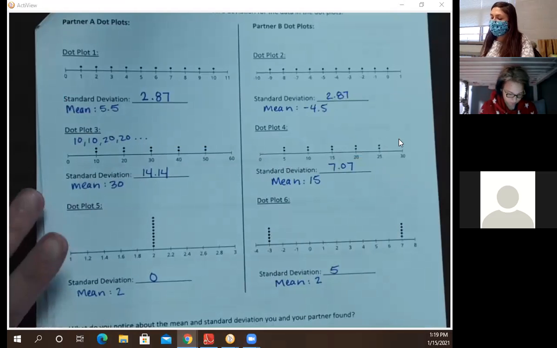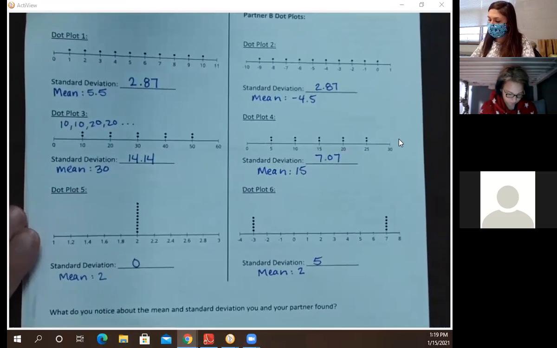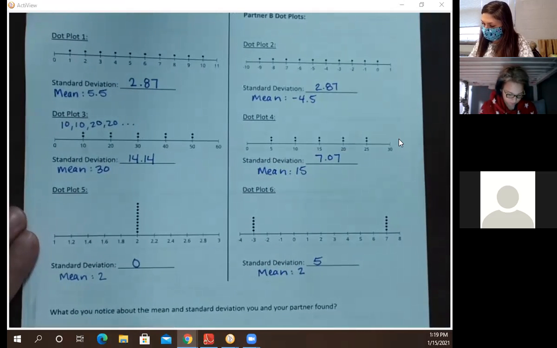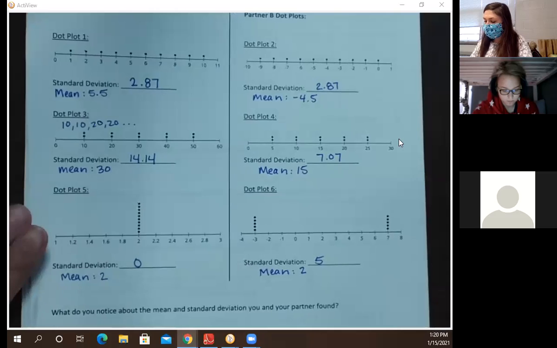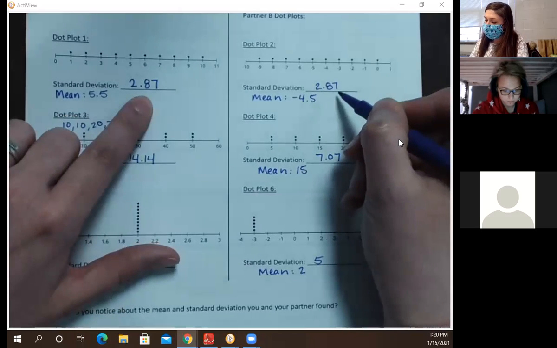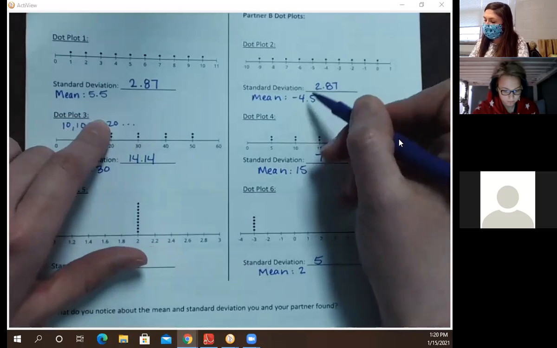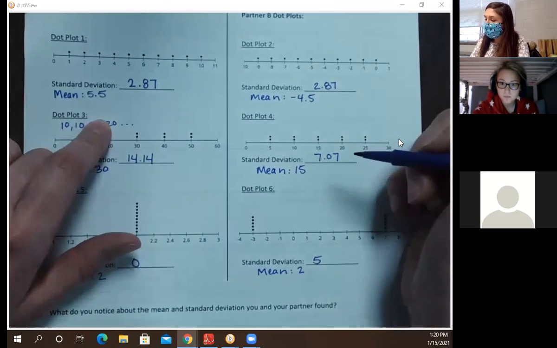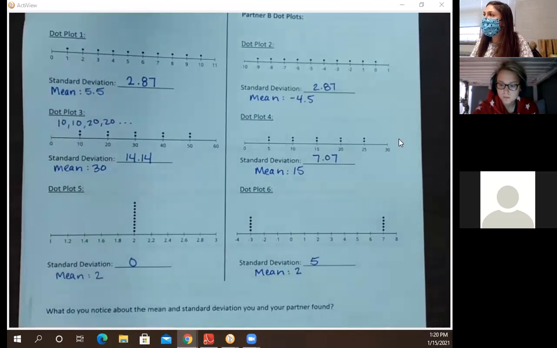Take a look at what you should have gotten here. For dot plot 1 and dot plot 2, I want you to notice that we have the same standard deviation. We have different means because we had different values, but those values are spread apart the same way.